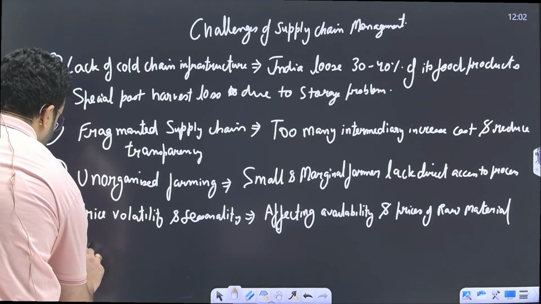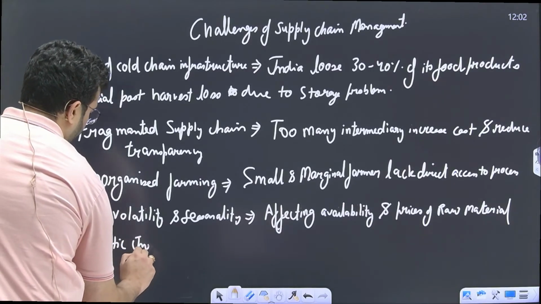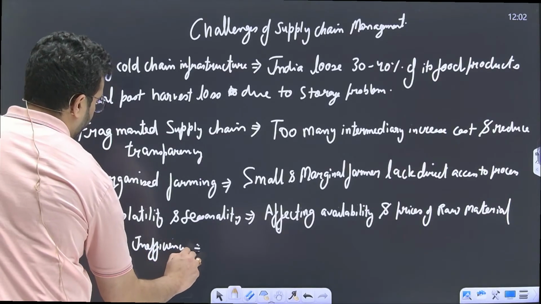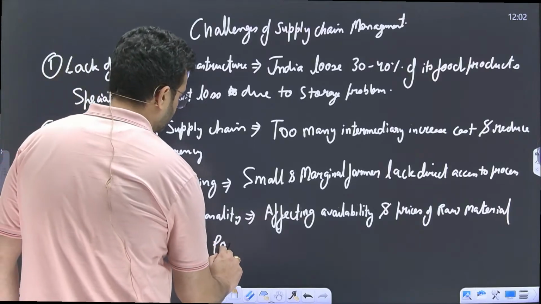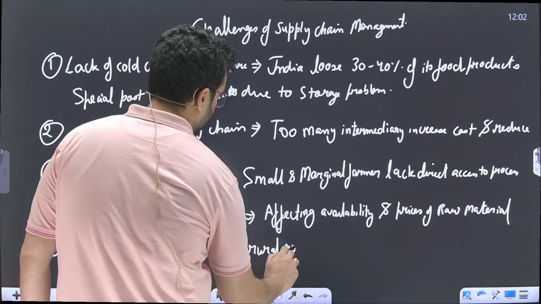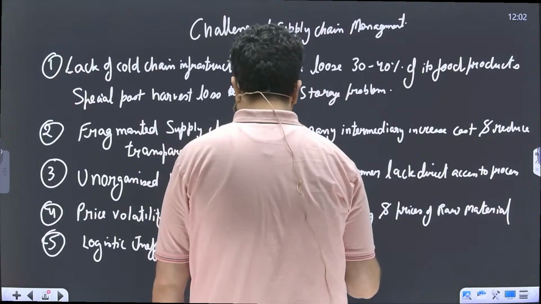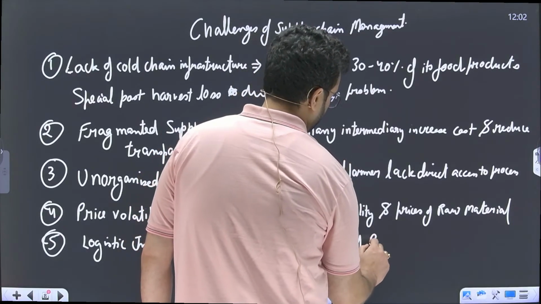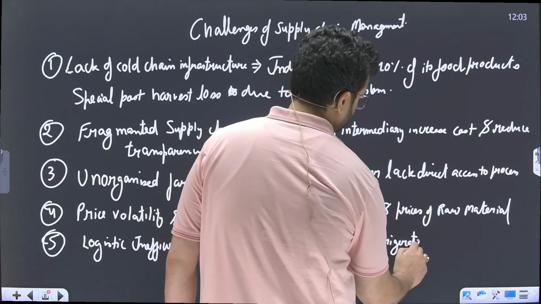Logistic inefficiency. Now this is again a very big and major problem. Poor rural roads. Lack of refrigerated trucks.